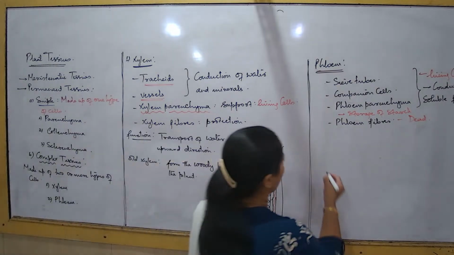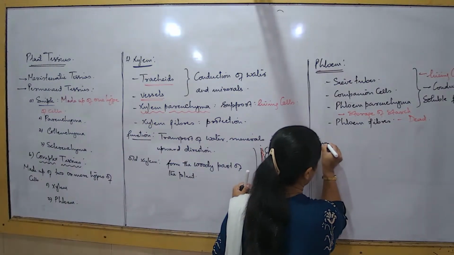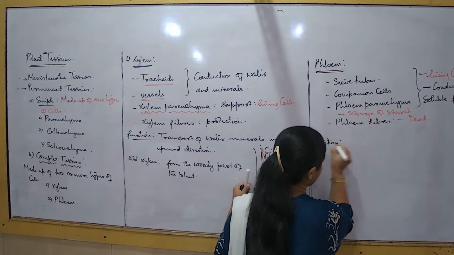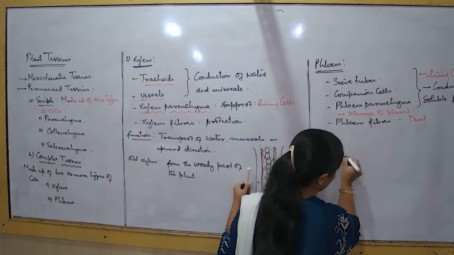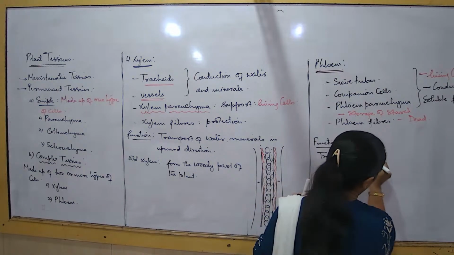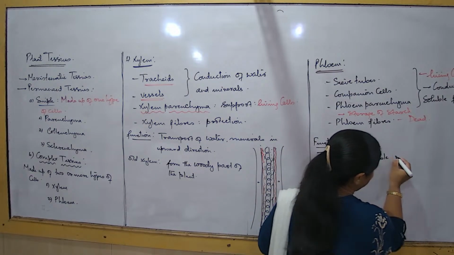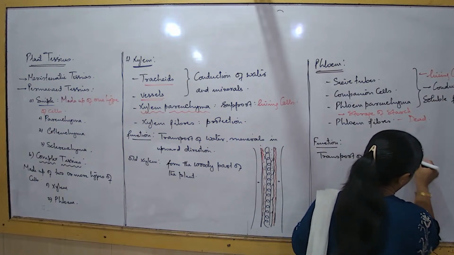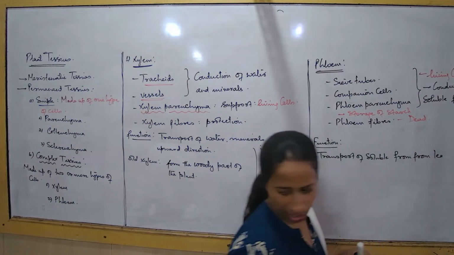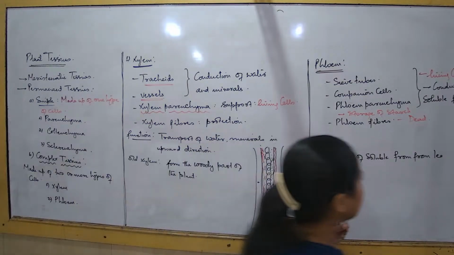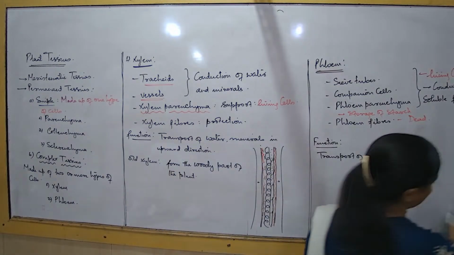Overall function of the phloem, what to write? Transport of soluble food from the leaves. Why do I say from the leaves?